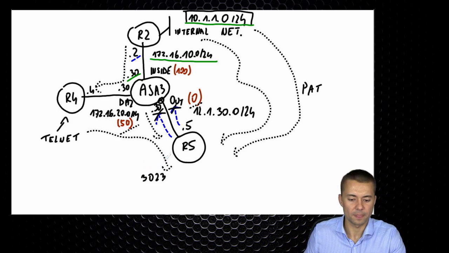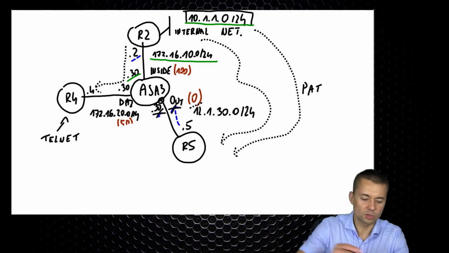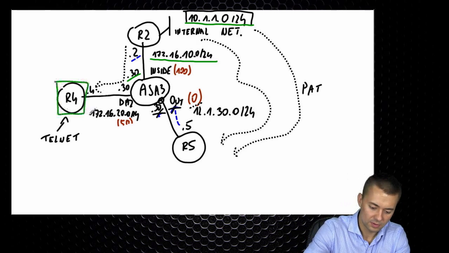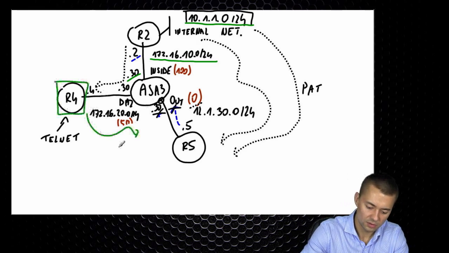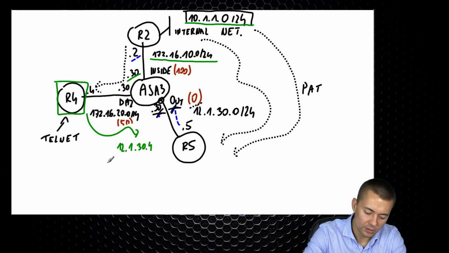Let me clean up this drawing a little bit. Okay, so let's say that router 4 is going to be 12.1.1.34 on the outside, and I will be connecting to port 3023.